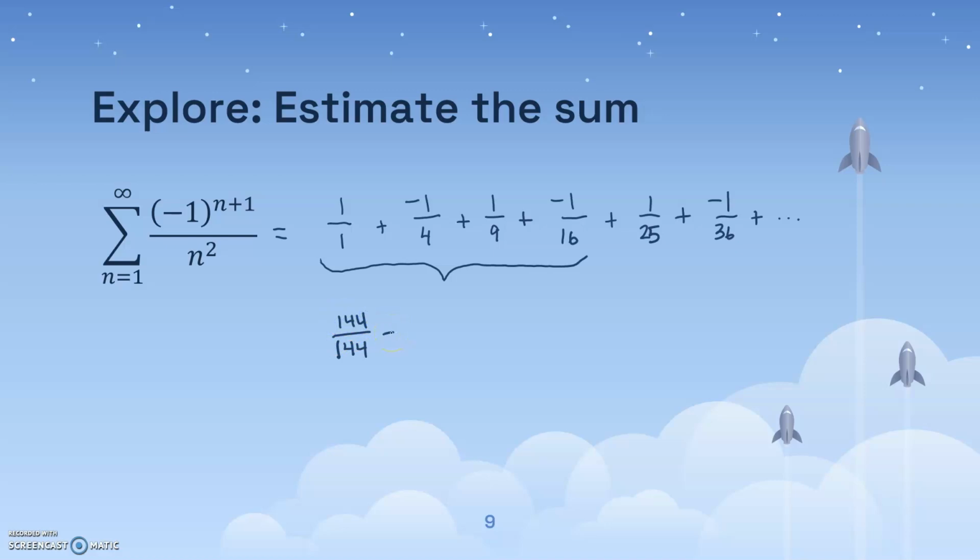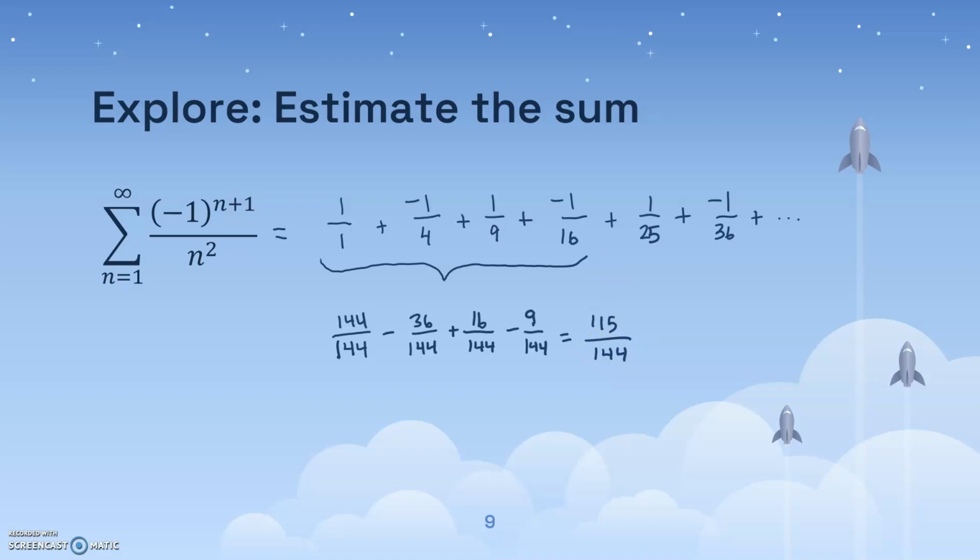And so then I'd have 36 144ths plus 16 144ths minus 9 over 144. And when I add all that up, I get 115 over 144. So this is an estimate of the sum of this infinite series.